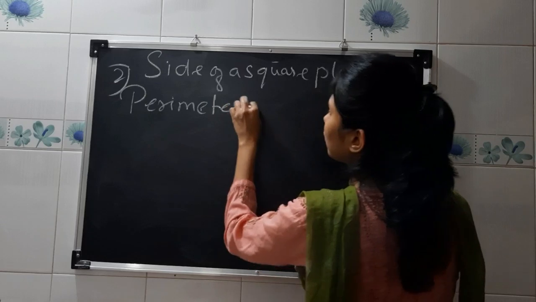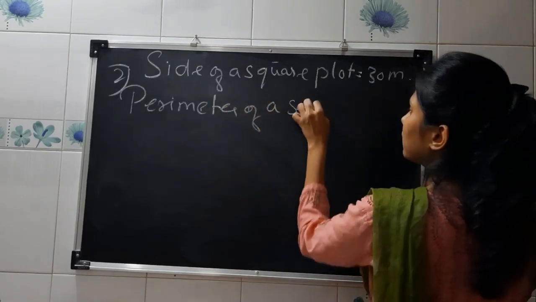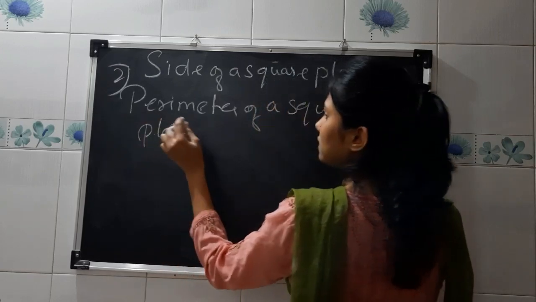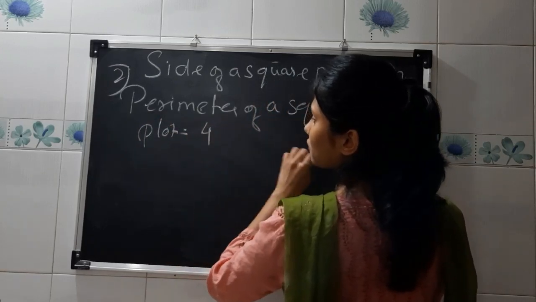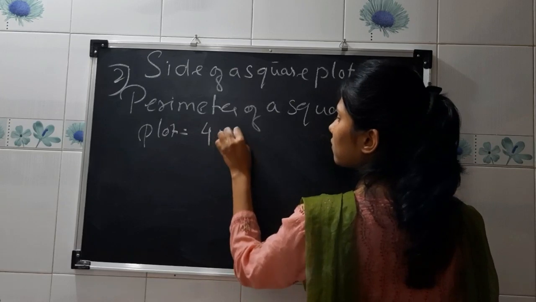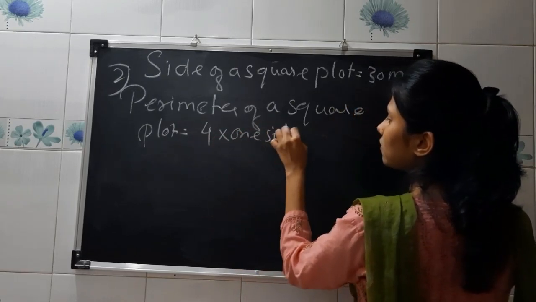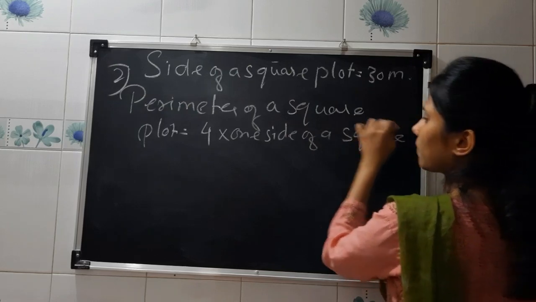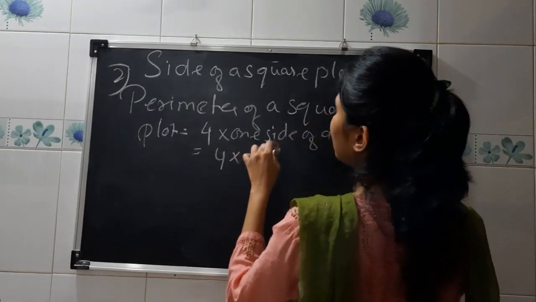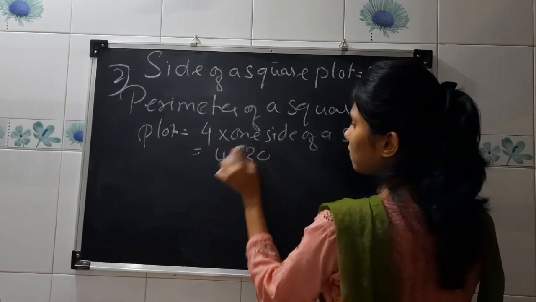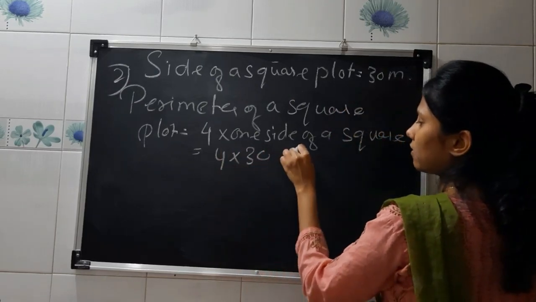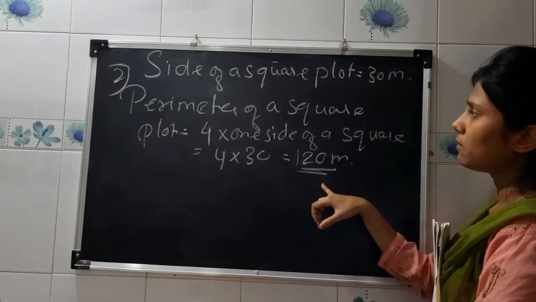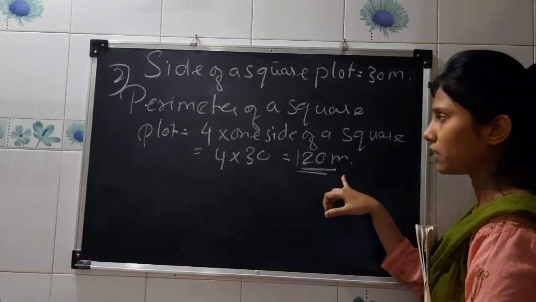So perimeter of a square plot is equal to, formula for perimeter of square, 4 into one side of a square. 4 into 30, we will get 120 meter. So this is the perimeter of the square, 120 meter.